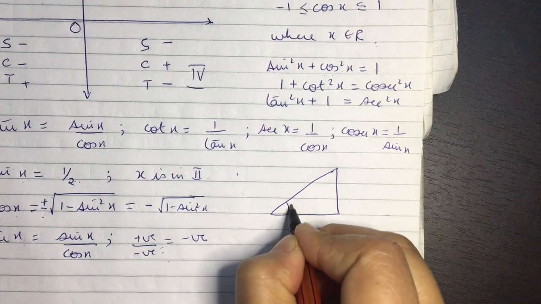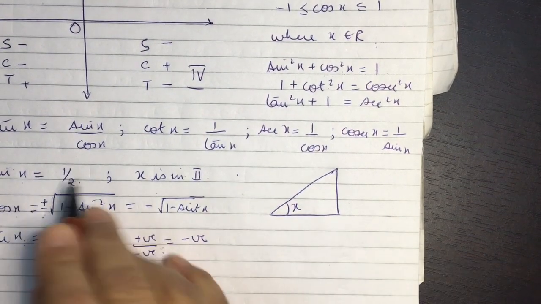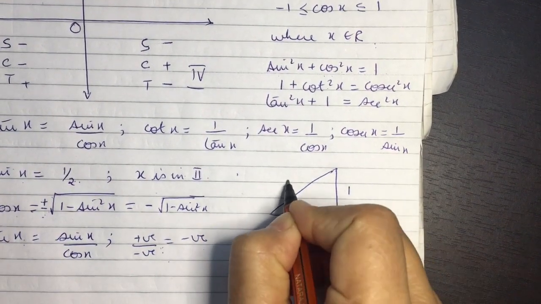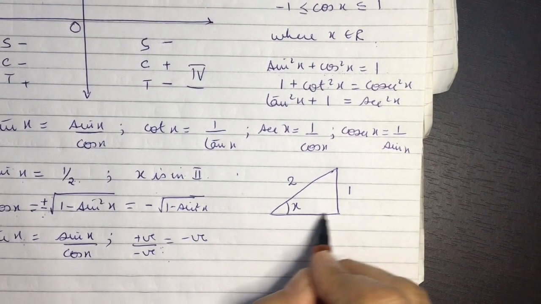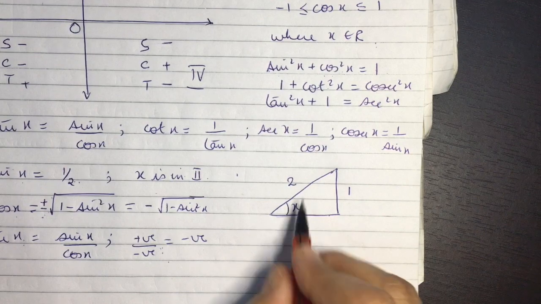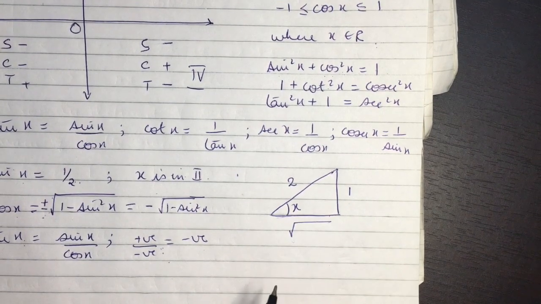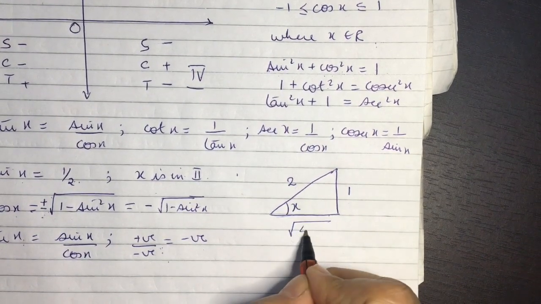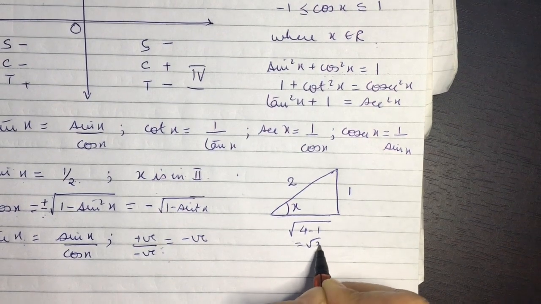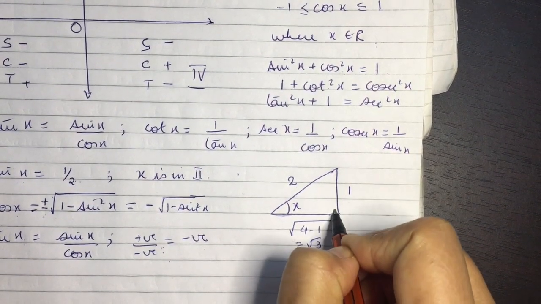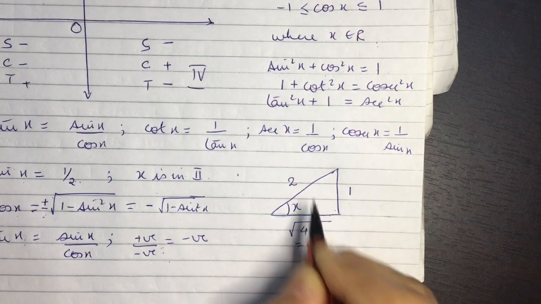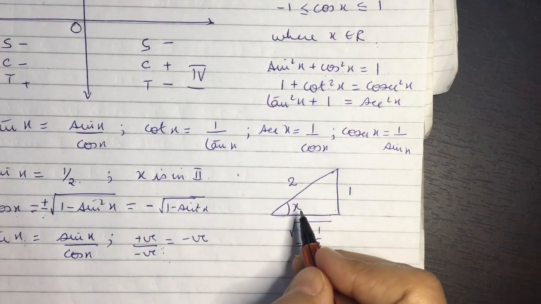If this is angle x, sin x is half means perpendicular upon hypotenuse. Using this you can find the third side using Pythagoras theorem: square root of 4 minus 1, which is square root of 3. So now we know that the perpendicular is 1, the base is root 3, and the hypotenuse is 2.